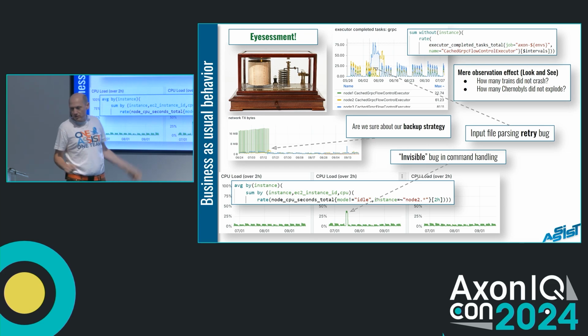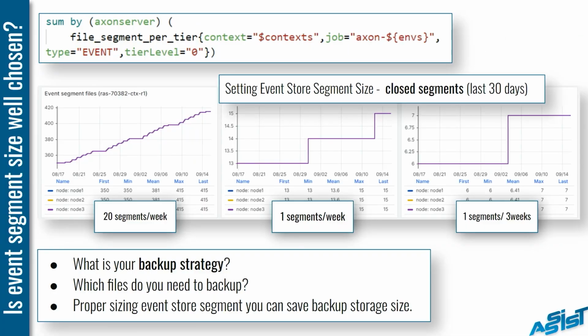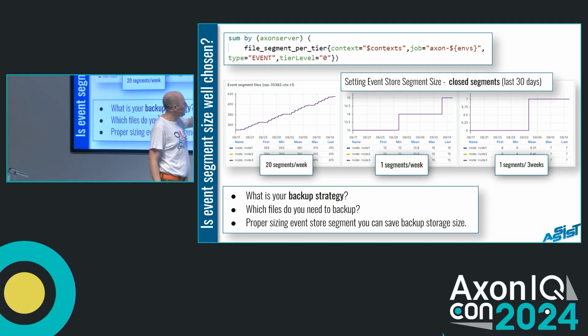So that's why I keep the record and compare with the history. Oh yeah, this is simple. When Ondřej installed the Axon server for the first time, he asked me, what should be the segment size of the event store? Well, I don't know. Keep the default. So we have three contexts, three applications, three big applications. 20 segments per week, one segment per week, one segment per 3 weeks.